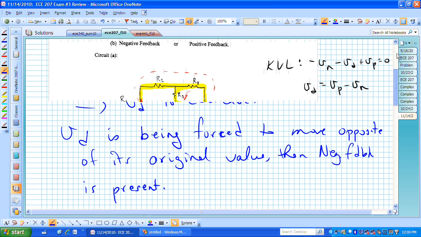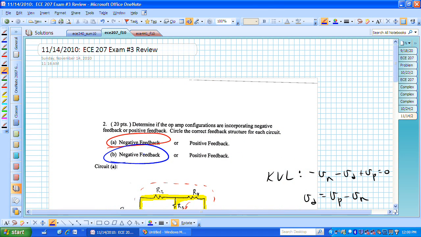And we can now go back and circle that negative feedback.